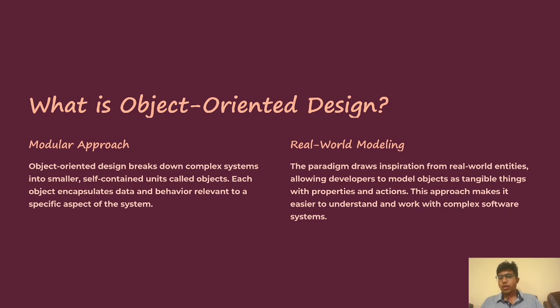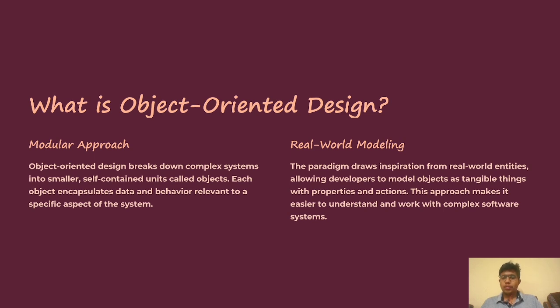What is object oriented design? Modular approach and real world modeling. Object-oriented design breaks down complex systems into smaller self-contained units called objects. Each object encapsulates data and behavior relevant to a specific aspect of the system.